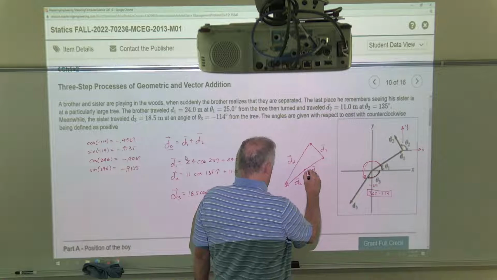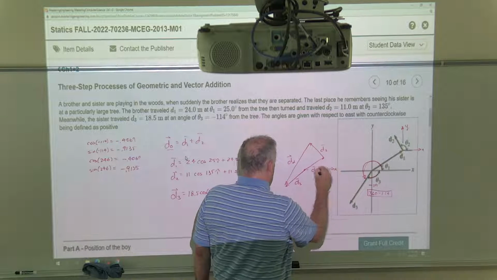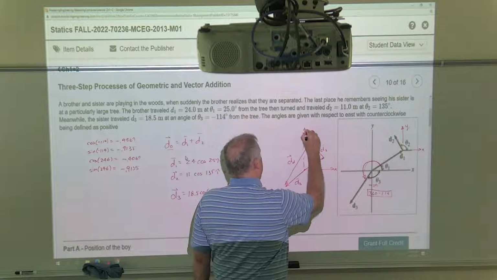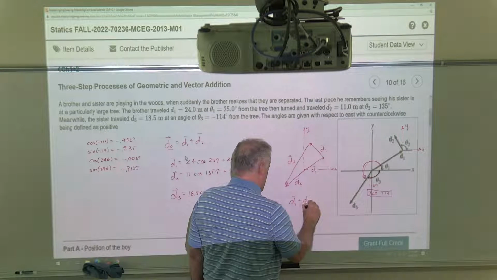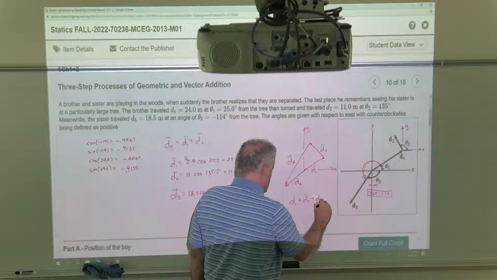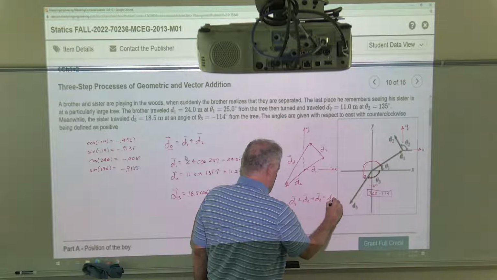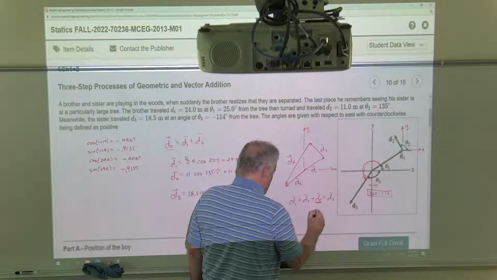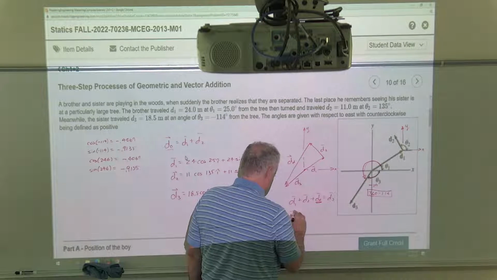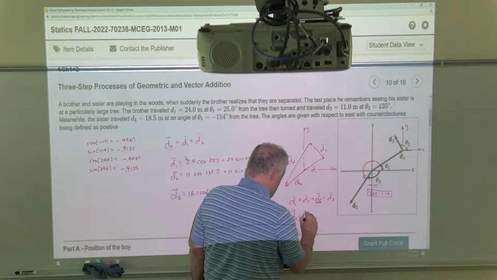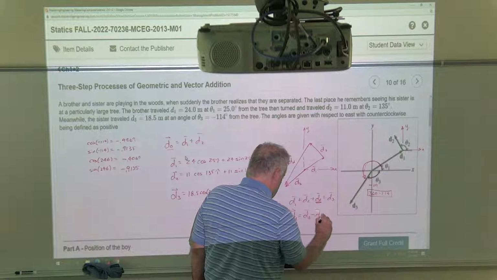If this is the origin, you just say D1 plus D2 plus DD is equal to D3. So if you're looking for that one, the difference between them is D3 minus D1 minus D2.